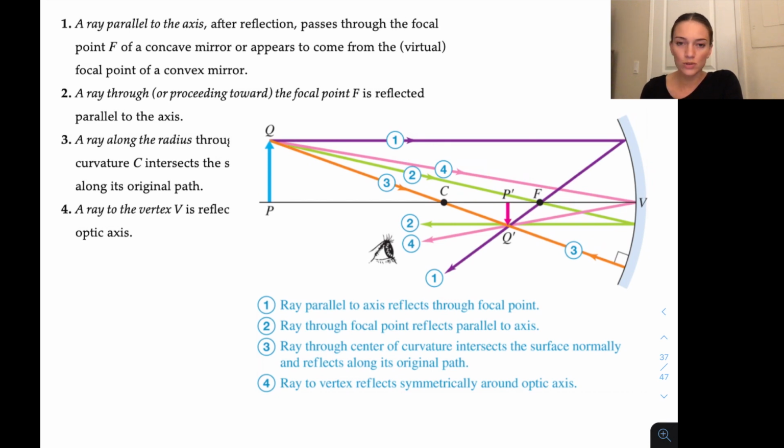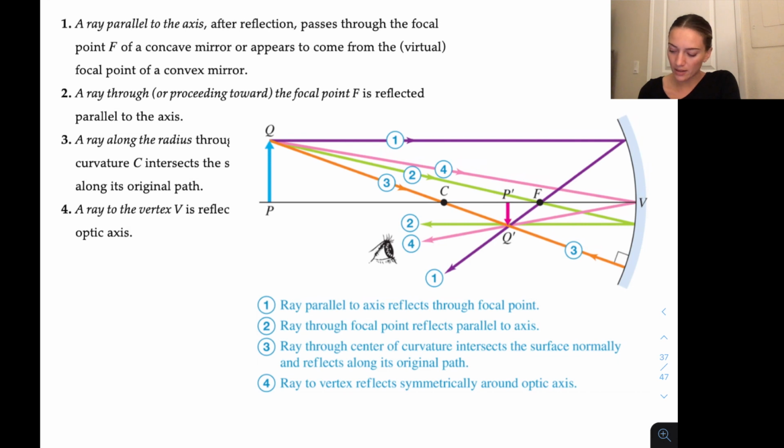So basically what you do is you draw 4 rays. You draw your first ray that's parallel to the optic axis here, and then you know how it reflects. The angle of incidence is equal to the angle of reflection, so it will reflect off, and you just draw it off here.